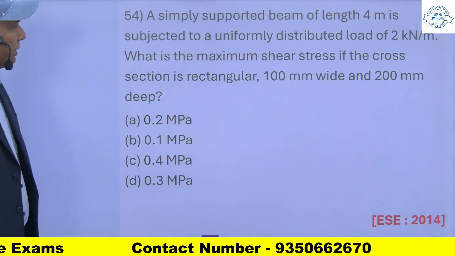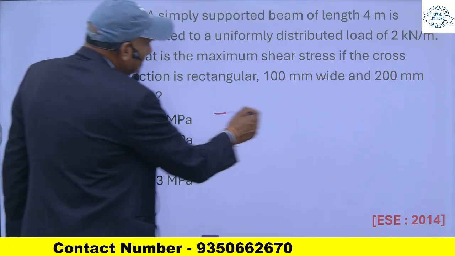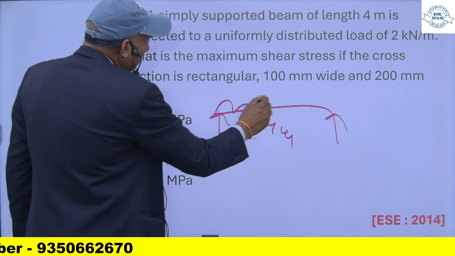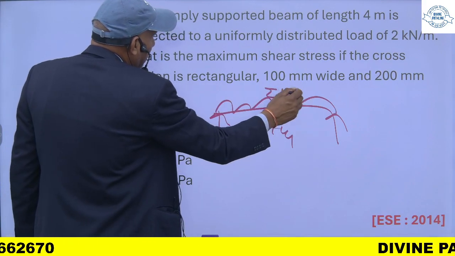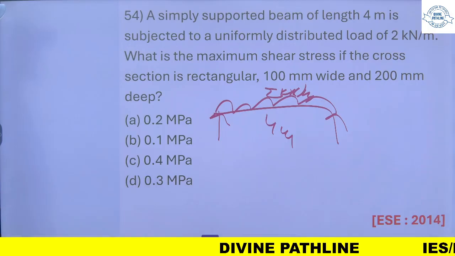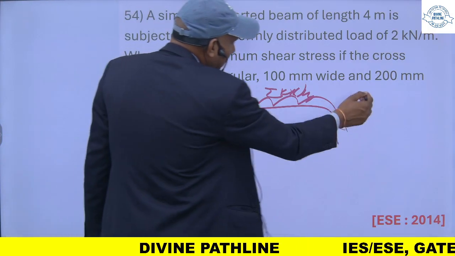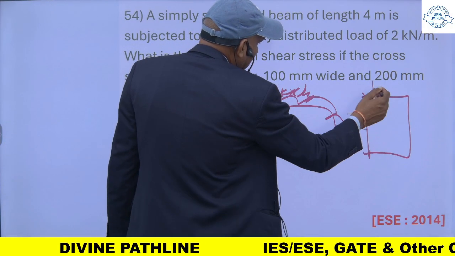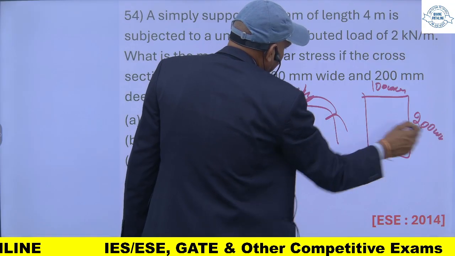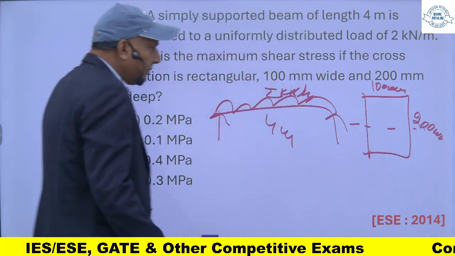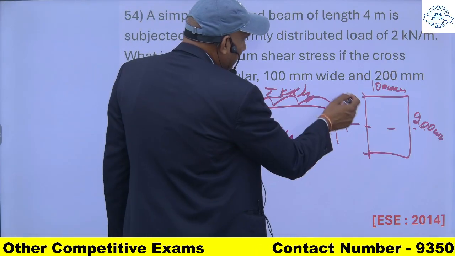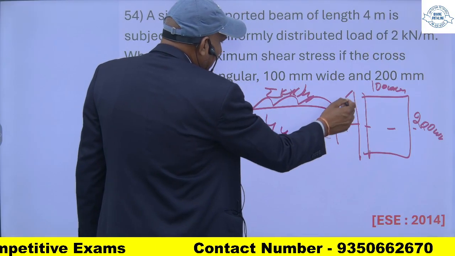A simply supported beam of length 4 meter is subjected to a UDL of 2 kilonewton per meter. What is the maximum shear stress if the cross section is rectangular? In case of rectangular sections, my bending shear stress will be like this.